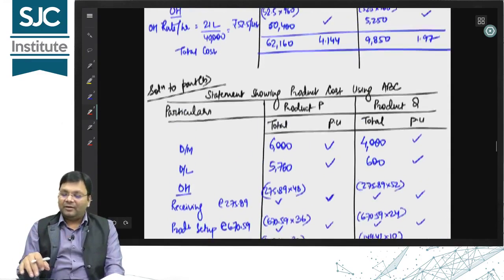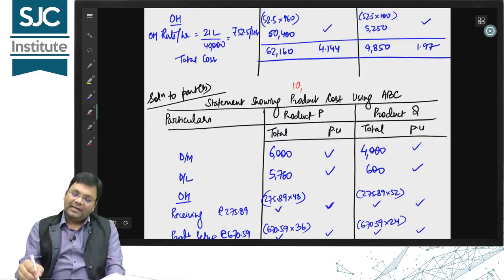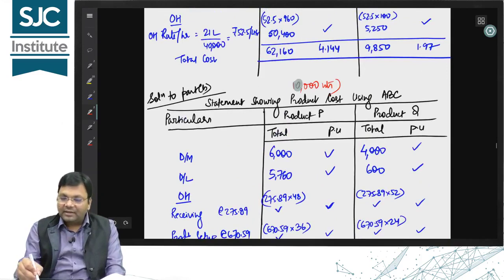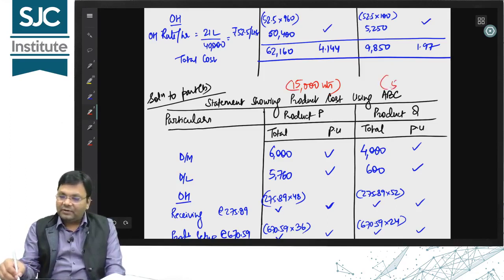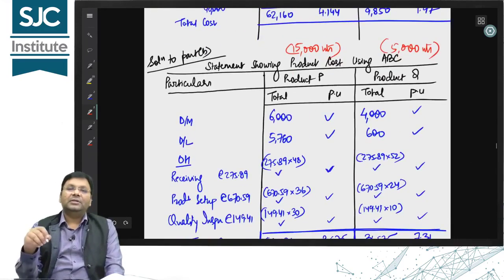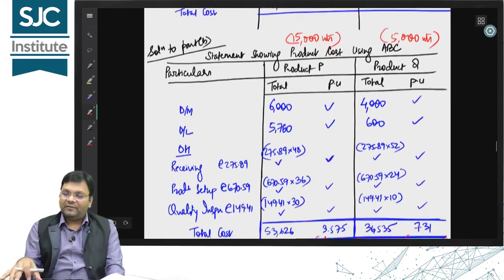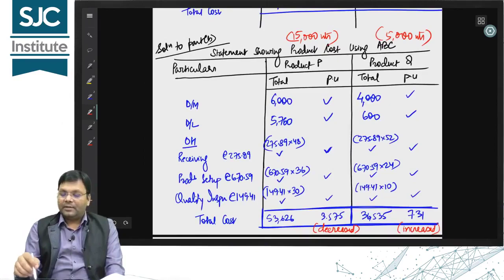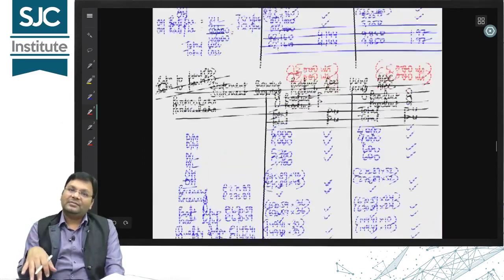You remember I had also talked about high volume products, like we are producing here 15,000 units of P and for Q 5,000 units. I had shared with you a limitation of absorption costing, that high volume products get more cost.